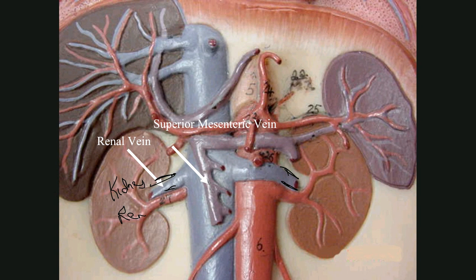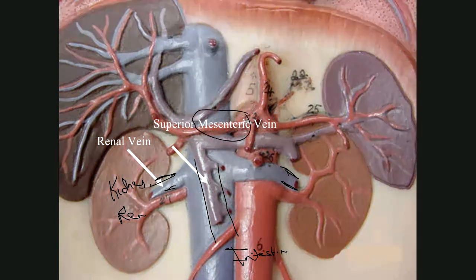And then this vein is coming from the intestines. Now, it doesn't have the word intestine in it. It has the word mesentery in it. We haven't talked about mesentery yet, but we will when we get to the digestive system. Mesentery holds the digestive system in place. It also has blood vessels and nerves running through it.